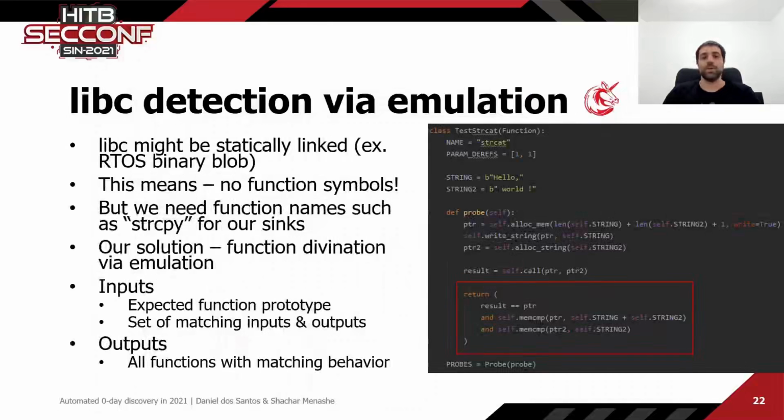The problem is that if there's an RTOS binary or some binary which links statically to libc, you're not going to have any symbols like strcpy, malloc, memcpy, printf, etc. And you need to identify that functionality in order to make your life easier when doing the static analysis. Like I showed before, for example, system is a sink, memcpy is a sink, getenv is a source. You want to understand these utility functions. You want to get these symbols, even if you don't have them natively.